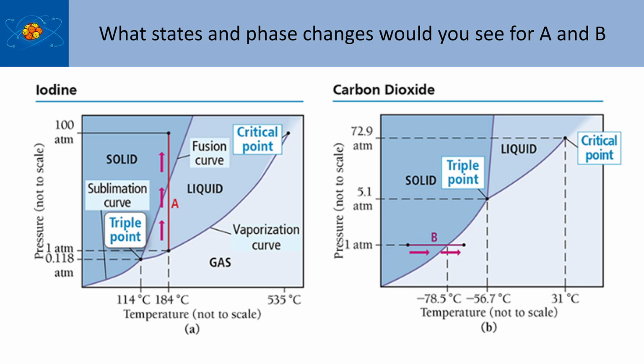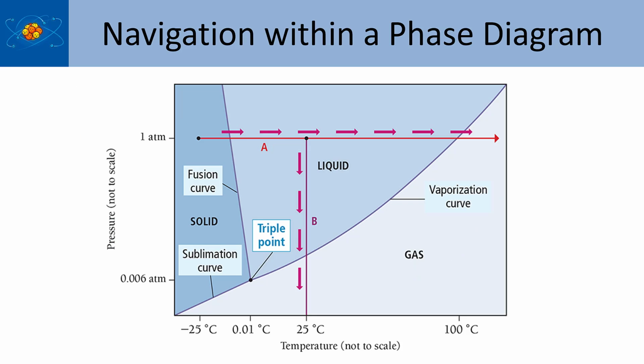So think about what the phases are. In general, you'll notice solid, liquid, gas. The V in the middle contains the liquid, and to the left of it at lower temperatures is the solid, and to the right is the gas.